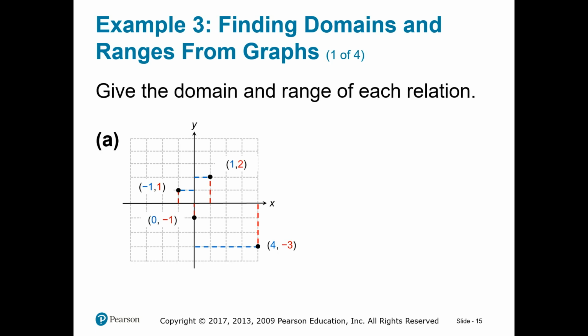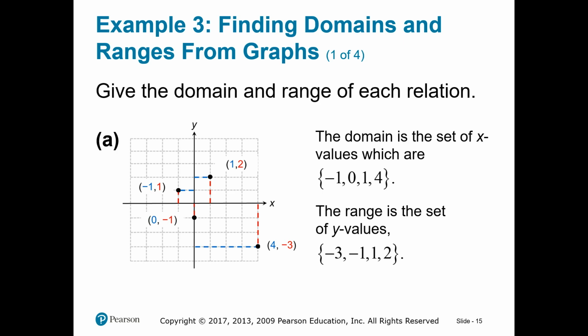And what will be the range? Yes. Range will be -3, comma -1, comma 1, comma 2. You see that? It's pretty simple, right? Good job, guys. And what do you think? Is this relation a function?